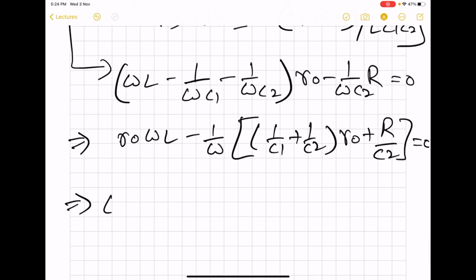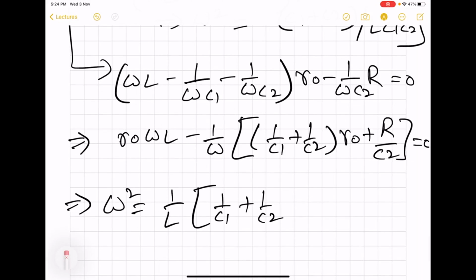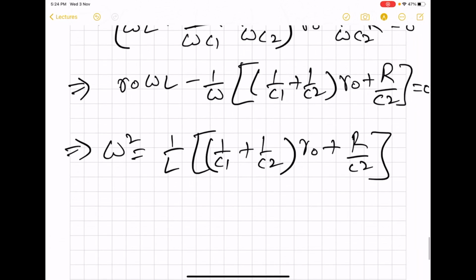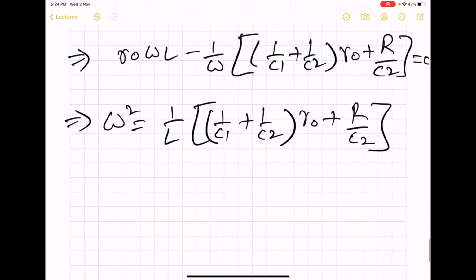So this gives rise to omega square is equal to 1 by L into 1 by C1 plus 1 by C2 into R naught plus R by C2. So this omega square, we will try to rewrite in terms of the oscillation frequency that we got for the lossless case.